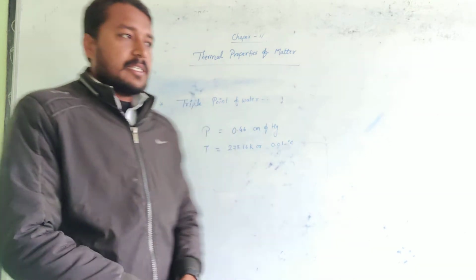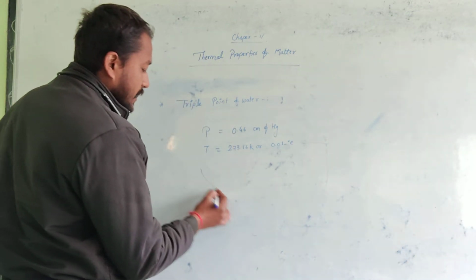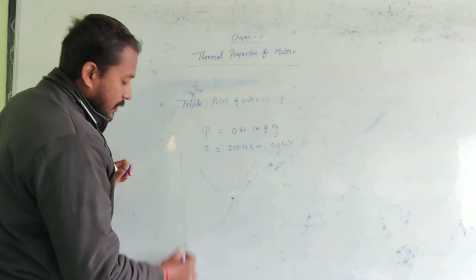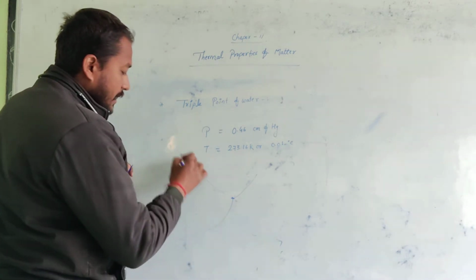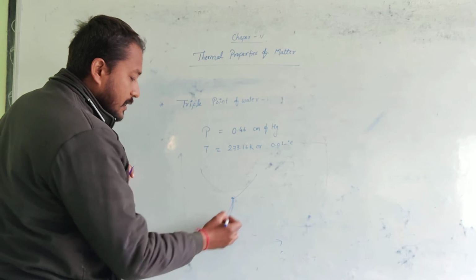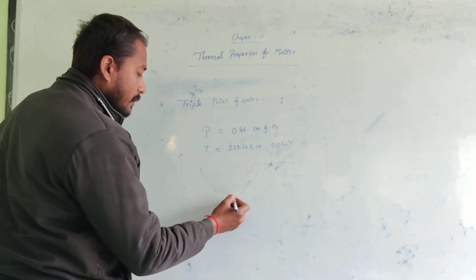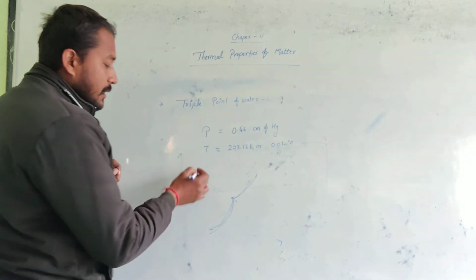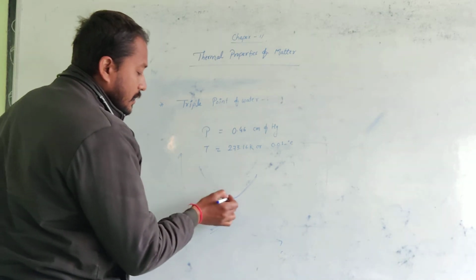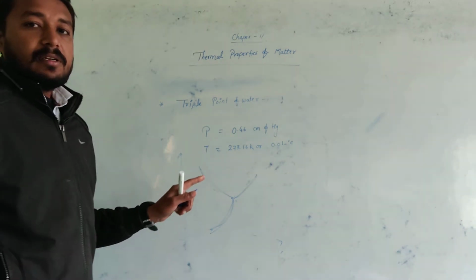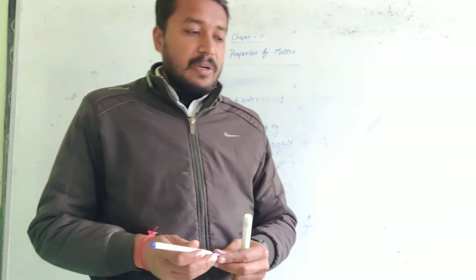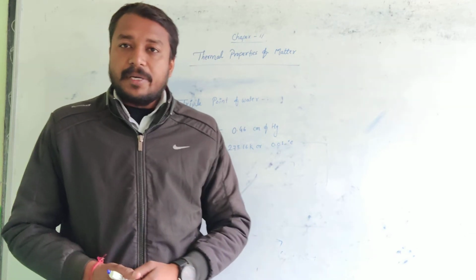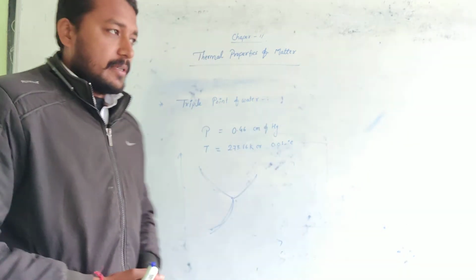That means it is a common point between all three phases. This is the common point. Below this, water is ice. Above this, water is vapor, and here the phase line is liquid. So where all three phases of water are in equilibrium is called the triple point, right?